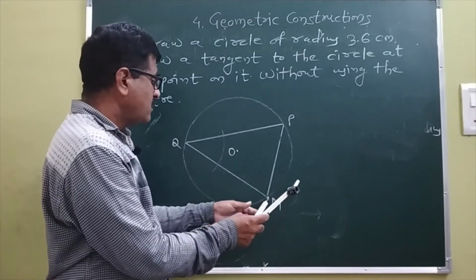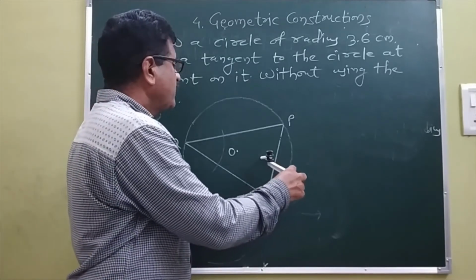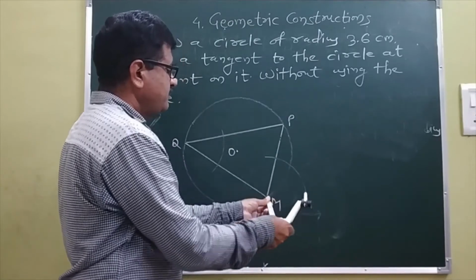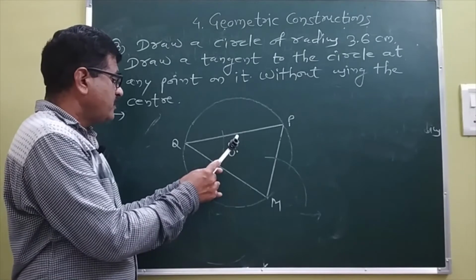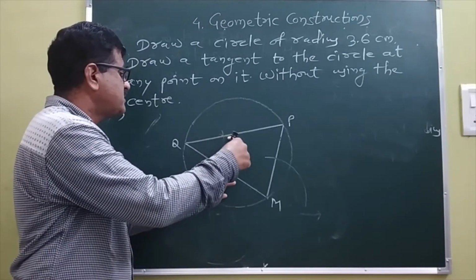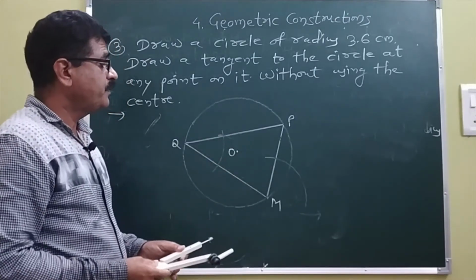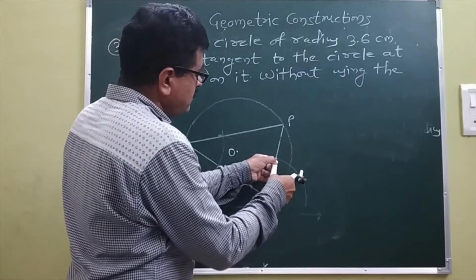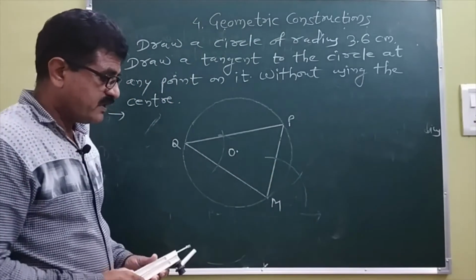Now put one point of the compass at point M and draw an arc taking the same distance. Now take the measurement of these two arcs, take this distance, and draw an intersecting arc here. Now keep one point here and, taking the same distance, draw its intersecting arc. We get this point.